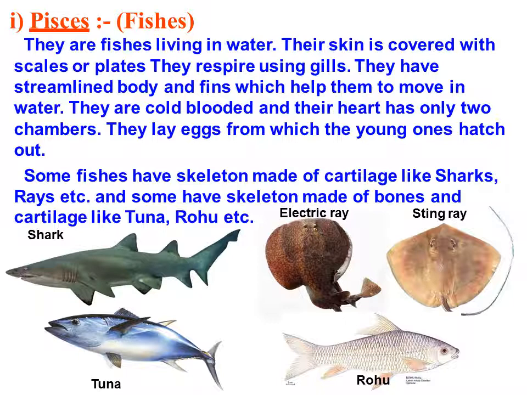Sharks, rays, and some have skeleton made of bones and cartilages like tuna, rohu, etc. So examples we have shark, tuna, electric ray, stingray, and rohu. These are all included in fishes.